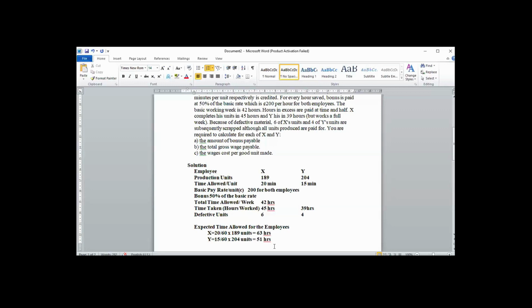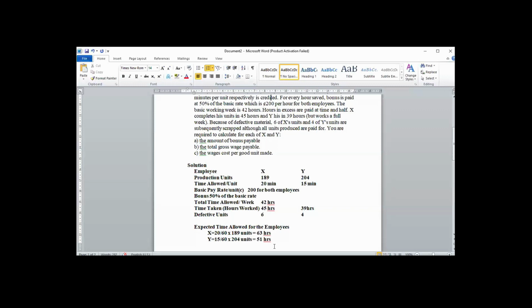So does it mean that they are meant to actually work for more than 1 week? Yes.